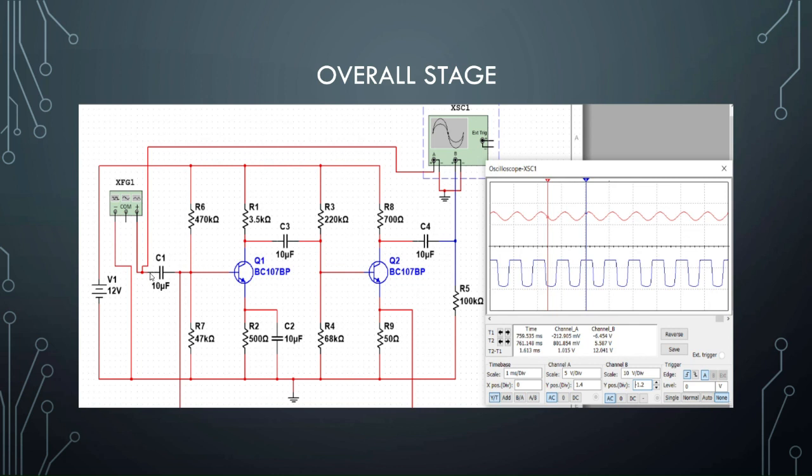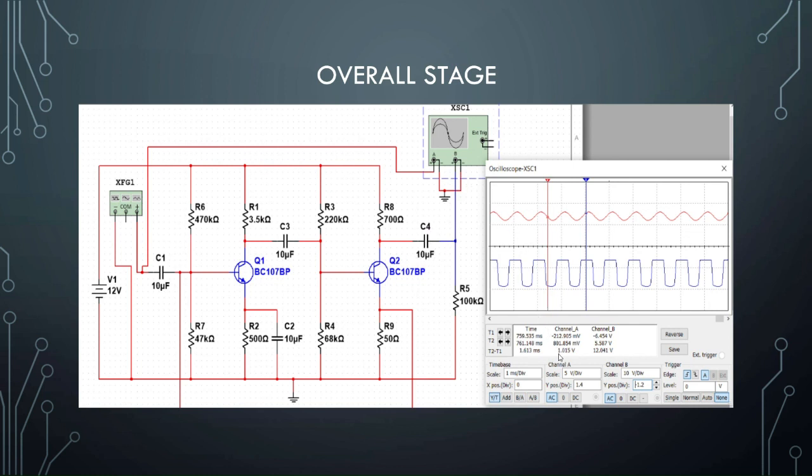Then the current flows through transistor 1, gets a positive input, flows through transistor 1 and gets a negative output, which becomes the input for transistor 2 and is inverted from negative into positive output again at capacitor 4, channel B.